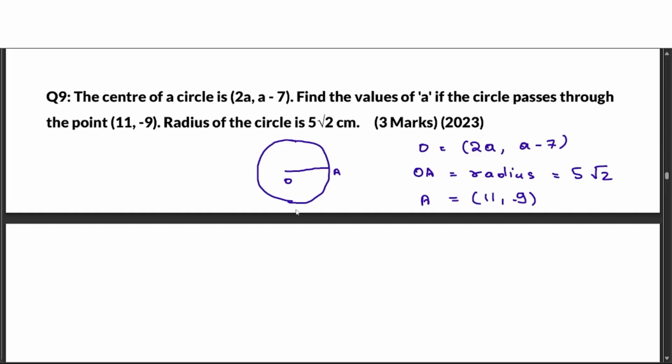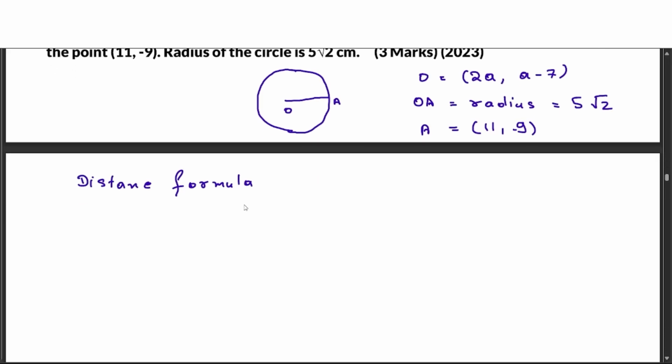So hope you understand how to find. We are given the distance OA, that is 5 root 2, and we are given the coordinates, so we use the distance formula. Distance formula you already know how to use. So based on that we can solve here. Let's solve this one.